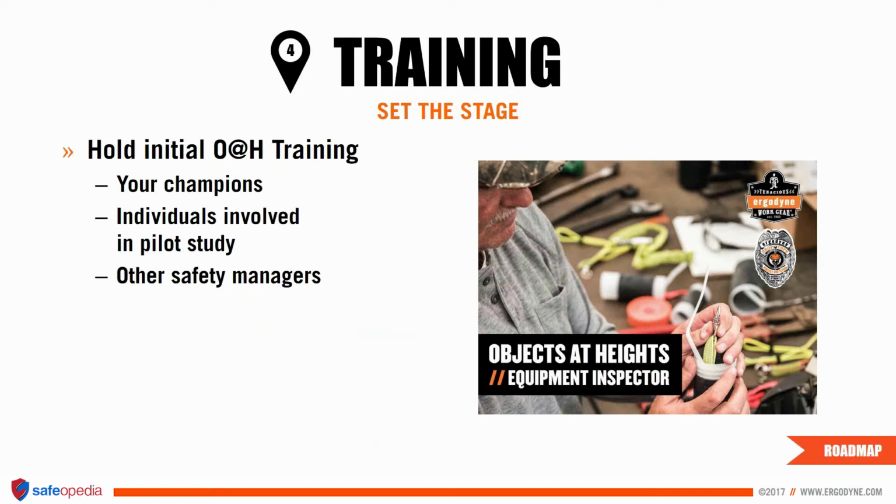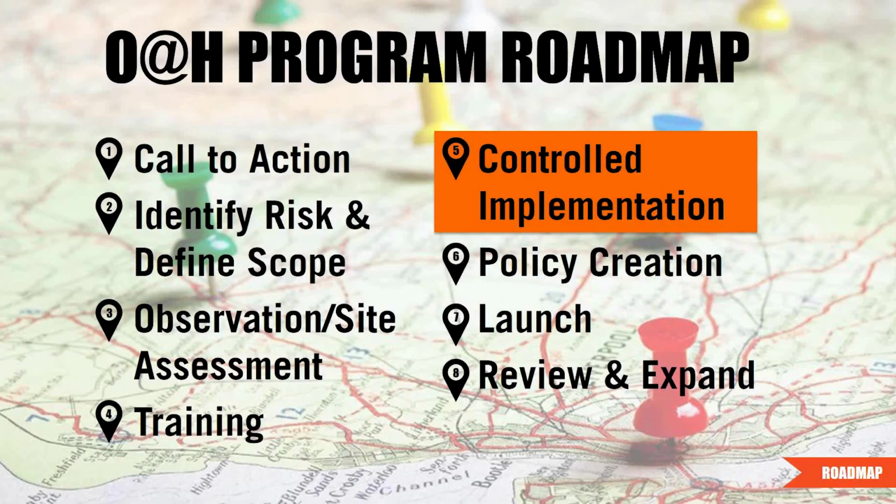Let's say there's somebody working at a different site and you want to give them visibility to what's going on. They might want to be involved in this initial training that's taking place. So this group of pilot study folks will be trained to a certain level, and you can decide what level that is. And then what you do is you leave that training and you schedule a controlled implementation.